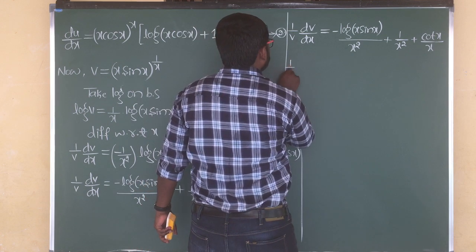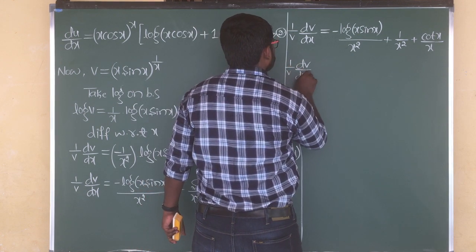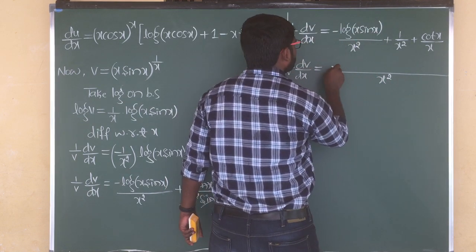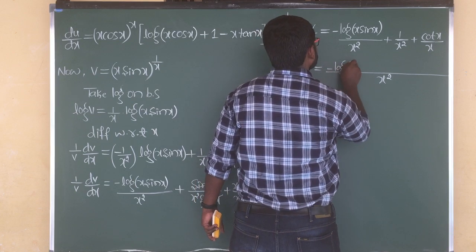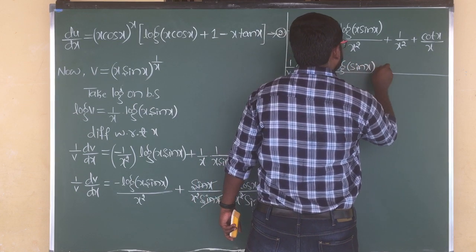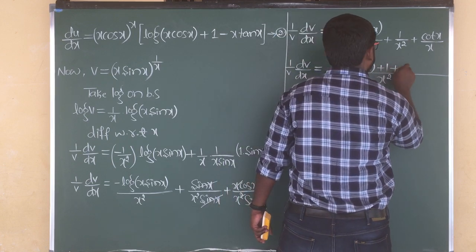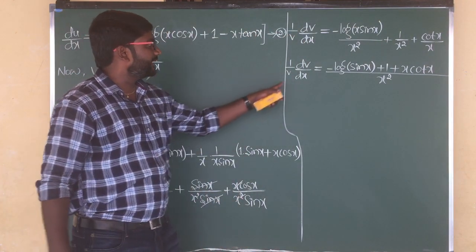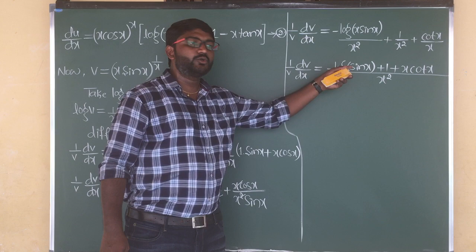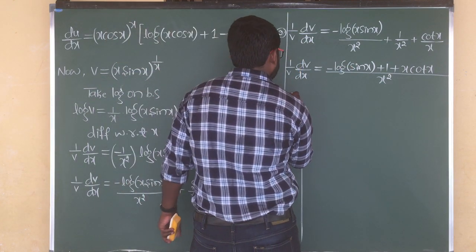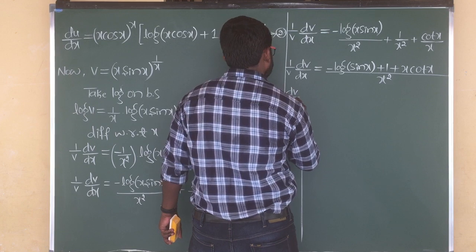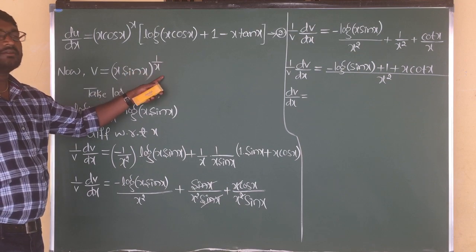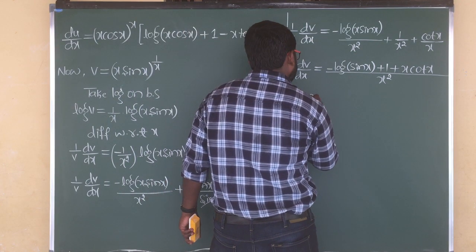So here 1 by v dv by dx is equal to, the LCM will be x square. So now minus log sin x plus 1 plus x cot x. Now in the next step we have to take v to the RHS, it goes to the numerator. So here dv by dx is equal to, so v, what is v now? V is x sin x to the power 1 by x, that I have to write here.